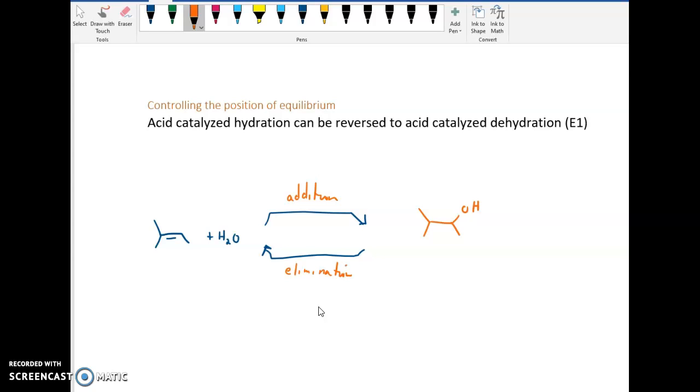Using straight Le Chatelier's principle, if we have more water, the forward reaction will be favored. So more water favors addition. So we find addition with dilute acids.